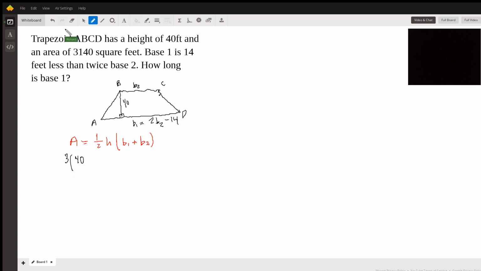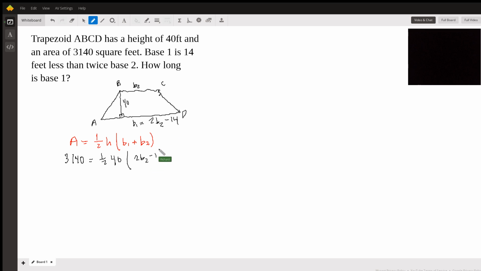3140. And we're told the height is 40, so it's 1/2 of 40. Now I'm going to copy this expression for the base 1. So this is 2b2 minus 14.